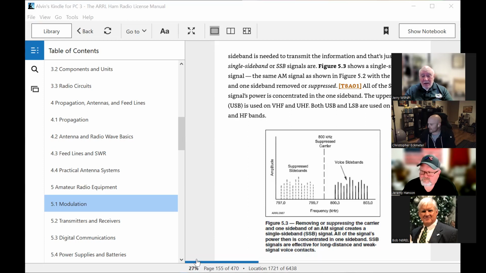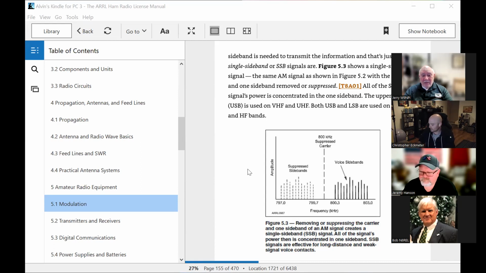Now with sidebands, is it always like in the picture that you showed, 800 kilohertz on each side, or does that sort of depend on what you're using, what the frequency is? It's what you're using, what the frequency is, because AM broadcast radio has, let's see, I think it's 6 kilohertz width.